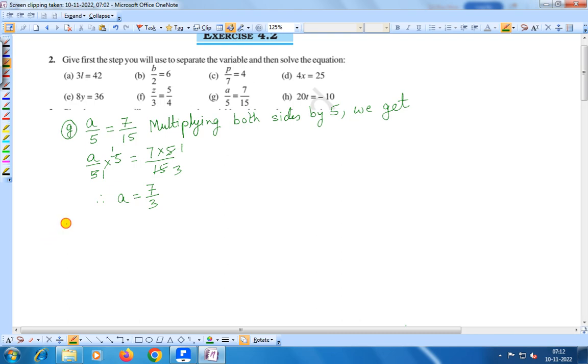Now question number H. Question number H is 20t is equal to minus 10. Right?